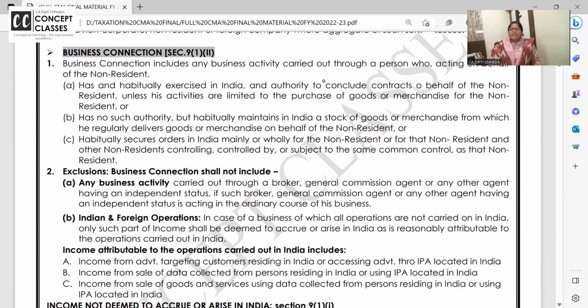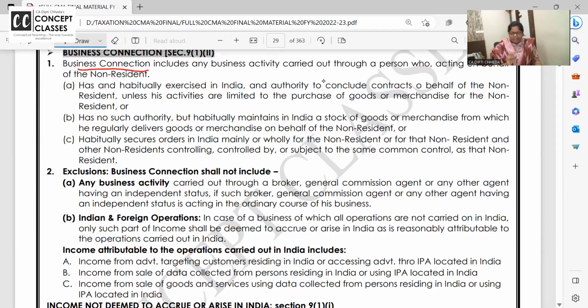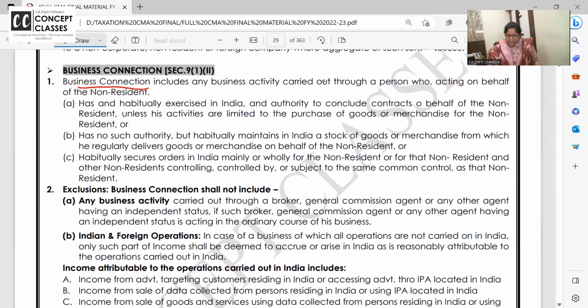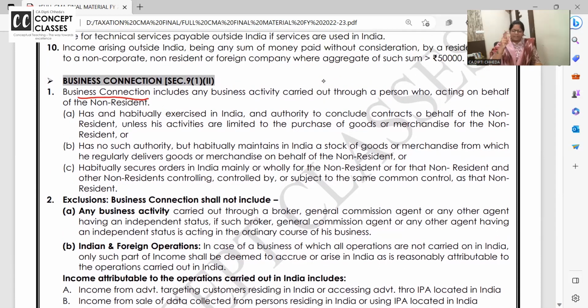But a foreign company not having a PE in India, no place of establishment, will be paying the tax as per business connection. Now, when we say that a foreign company has got a business connection in India, there are three cases.